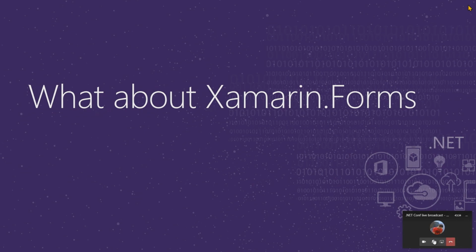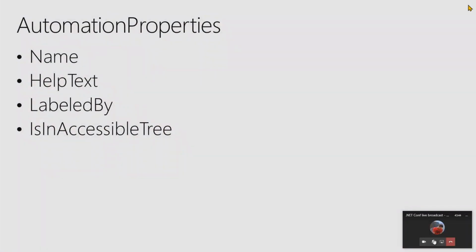Now, what about Xamarin.Forms? How can we implement accessibility inside our Xamarin.Forms apps? We have a group of attached properties, the automation properties, that help us give the assistive technologies more context about our app and about our controls.